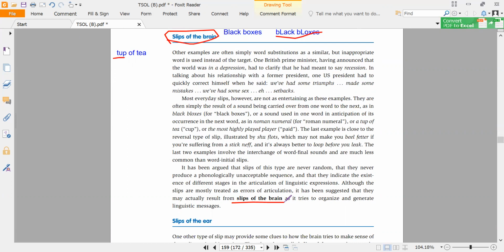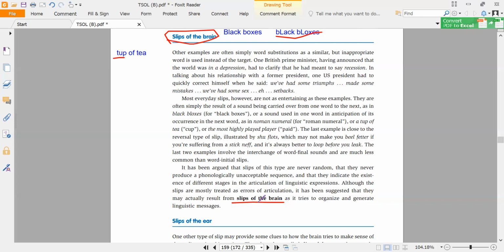So the orders which these different speech organs receive actually come from the motor cortex, which is part of the brain. Now when the speech organs receive an incorrect order from the motor cortex, then sometimes, instead of saying black boxes, the speech organs utter "blacks boxes", right?